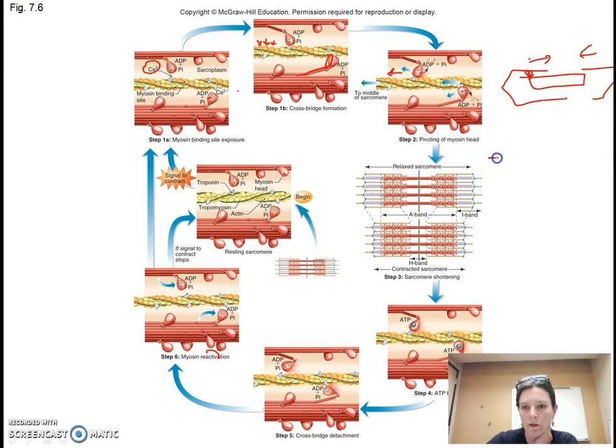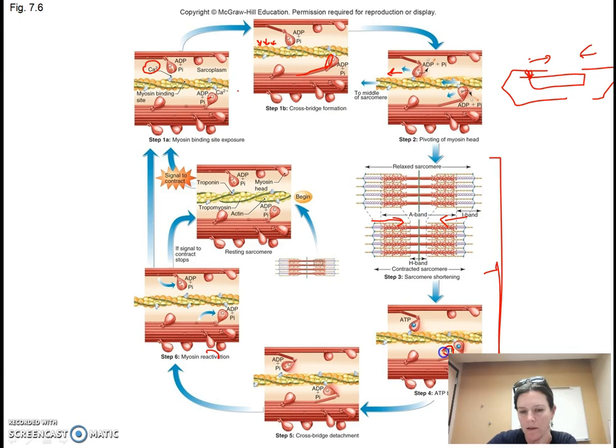So here in this figure you can see what we're talking about. And the myosin heads keep doing their job, and they ratchet inward, and that pulls the thin filaments in over the top of the thick filaments. Now, here is the motion again of the pivoting that happens.